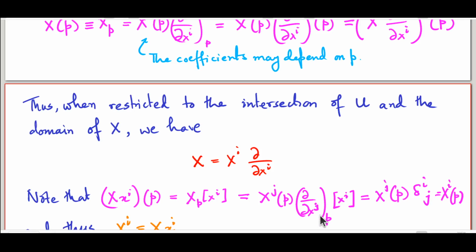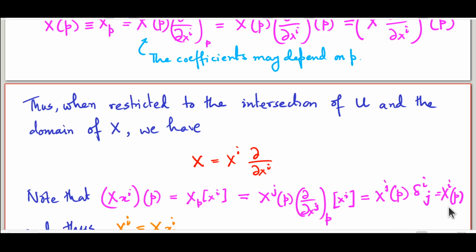But as we have already explained several times, the effect of the tangent vector to a coordinate curve acting on a coordinate function is simply delta ij. It gives you 1 if you're talking of the same coordinate function, 0 if you're talking of a different coordinate function.